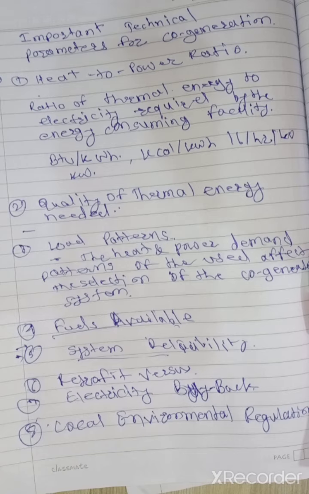The second point is the base thermal load matching. In the base thermal load matching, the cogeneration system is sized to supply the minimum thermal energy requirement of the site. Standby boilers or burners are operated during periods when the demand for heat is higher.